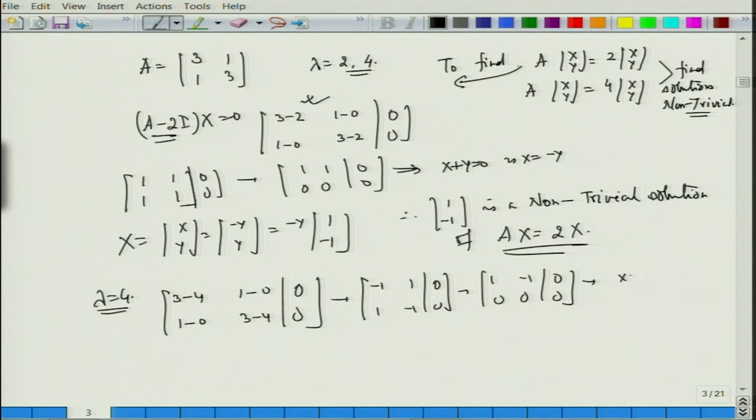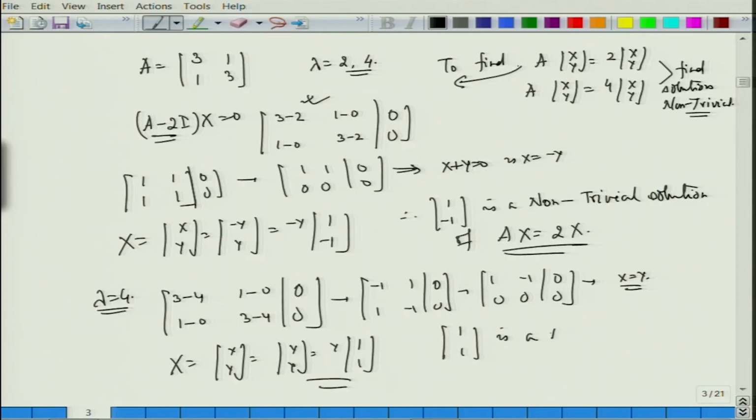From here I get that x has to be equal to y, and therefore capital X, which is (x, y), is y times (1, 1). So, you can check that (1, 1) is a non-trivial solution of Ax equal to 4x. I want you to understand this part, that is very important for me.